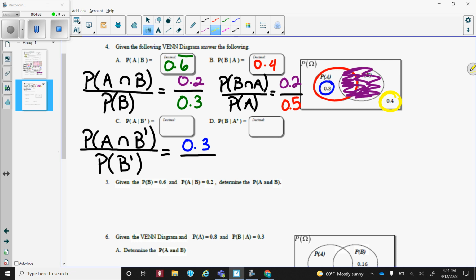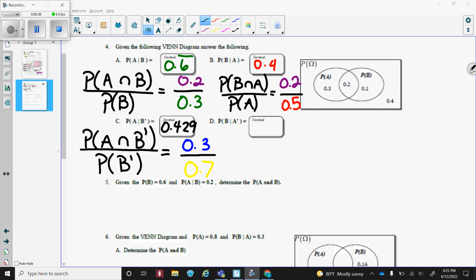So for the denominator, we have what's not B, is everything here in A but not B, but also everything over here that's just not in anything. Add those together and we're going to get 0.7. And just so that's a little bit easier to see, I will switch colors real fast. When we divide 0.3 divided by 0.7, we're going to get approximately 0.429, making sure that we're rounding up to that 9 and we don't leave it 0.428.